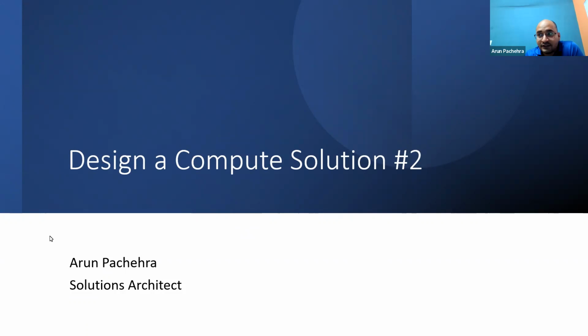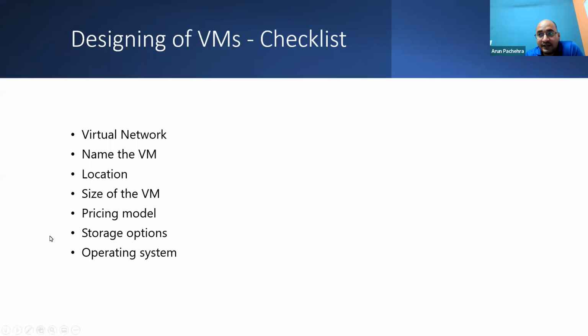So let's get started. In designing a virtual machine, I've prepared a checklist. This checklist is important because we need to think of all these things: virtual network, name of the VM, location, size, pricing, storage, and operating system, because these things will construct the design idea for the virtual machine.